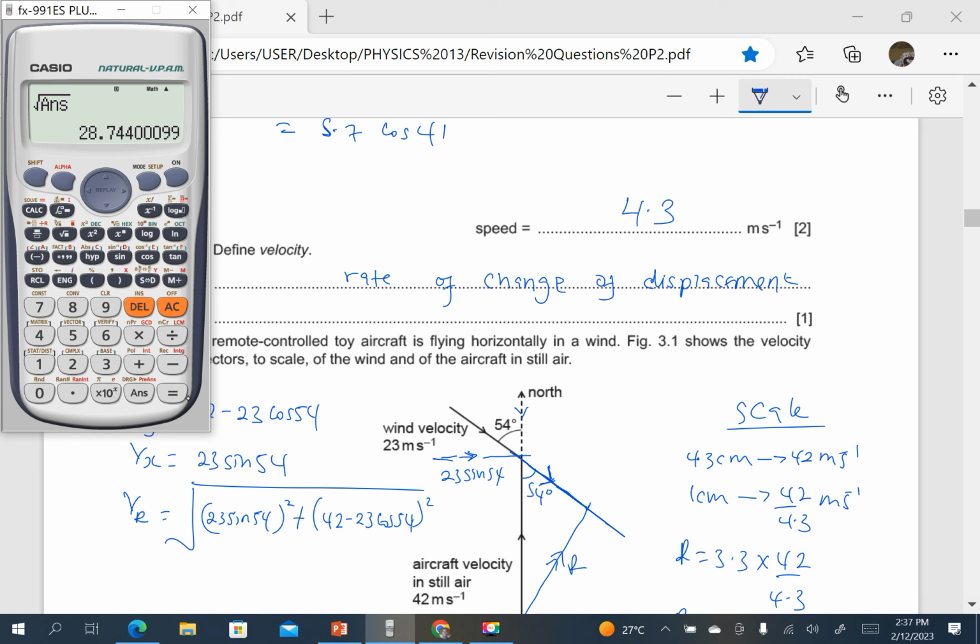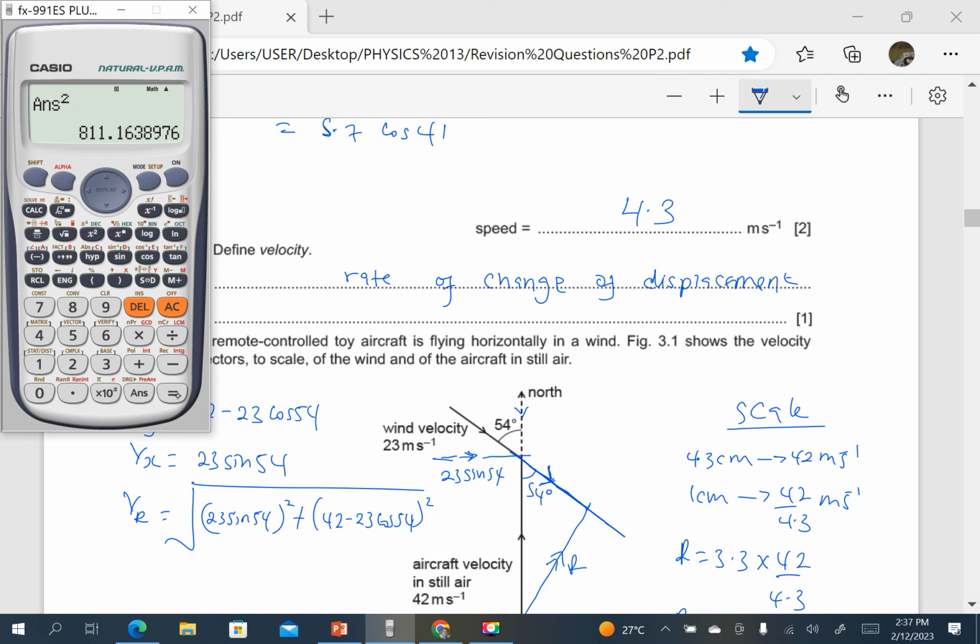Let me repeat it with the most complex part, which is 42 minus 23 cos 54.